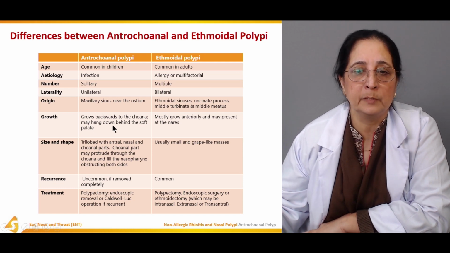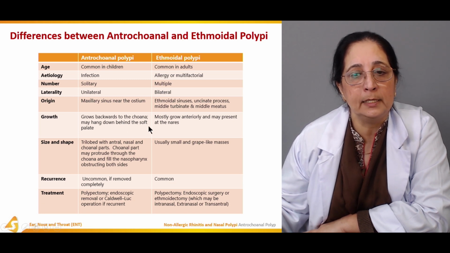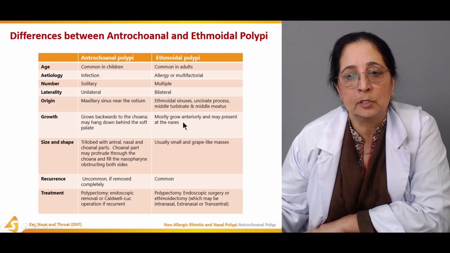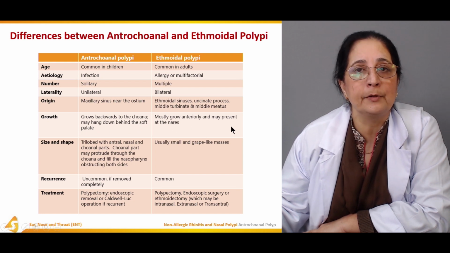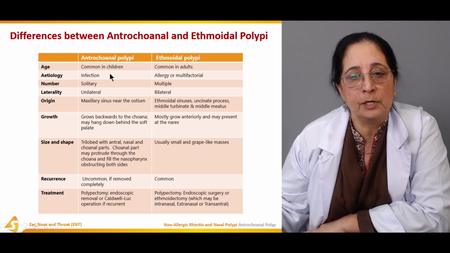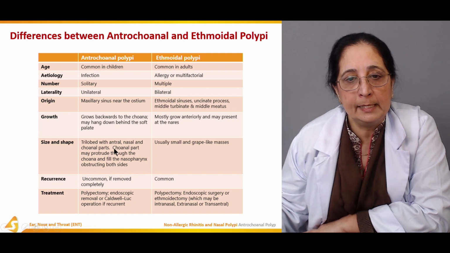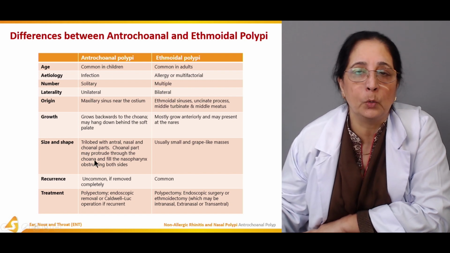Growth: antrochoanal grows backward to the choana and may hang down behind the soft palate, while ethmoidal mostly grows anteriorly and presents at the nares. Size and shape: antrochoanal is tri-lobed, with antral, nasal and choanal parts.